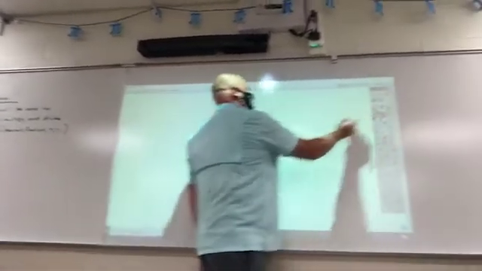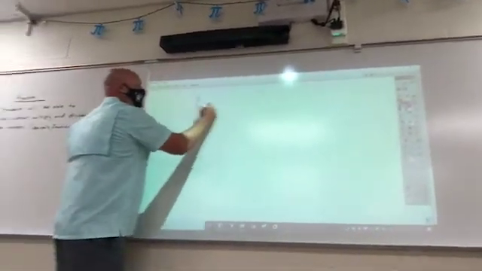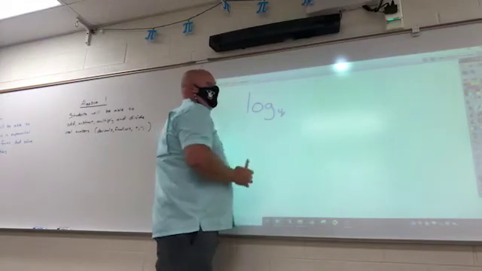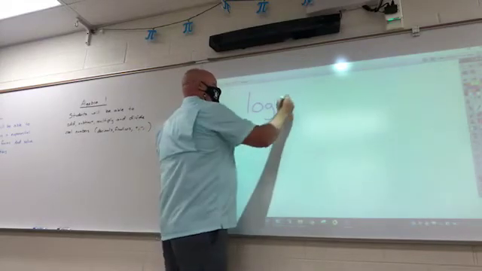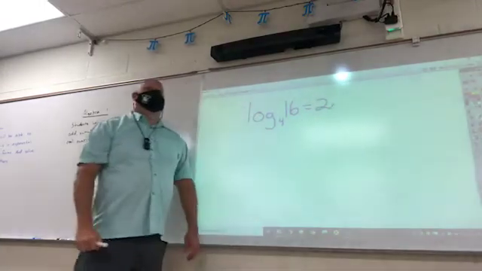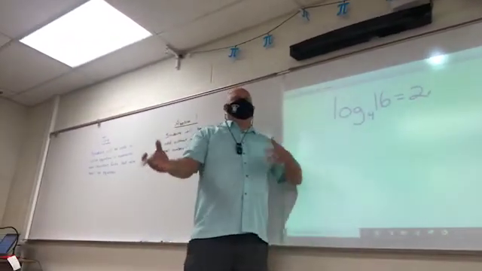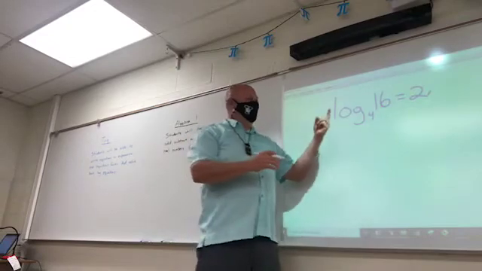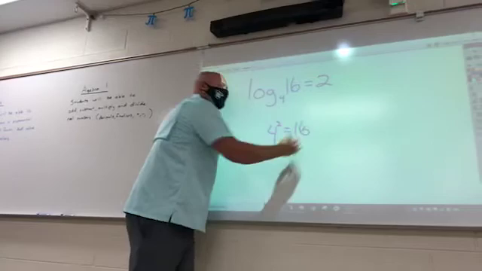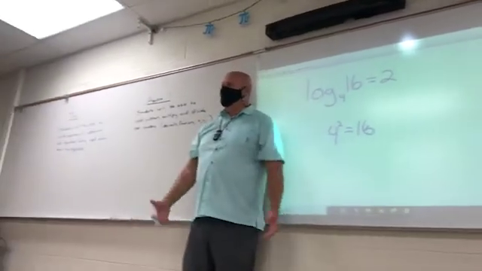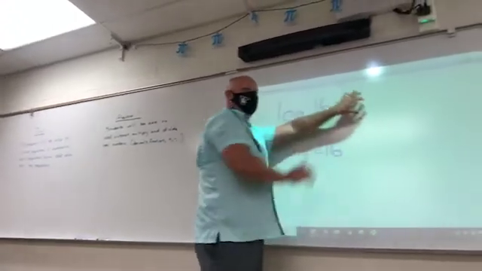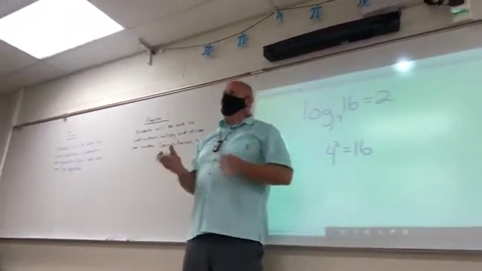If I gave you something that said log base 4 of 16 is equal to 2, what is this back in exponential form? 4 squared is equal to 16. Make sense? And again, all we're doing is juggling here. We're just moving parts around.